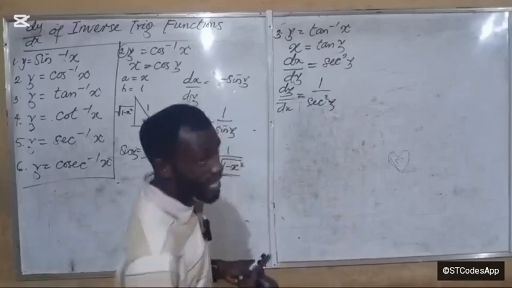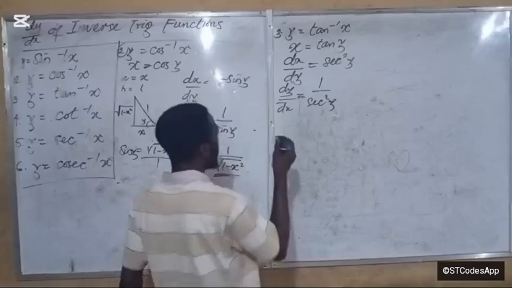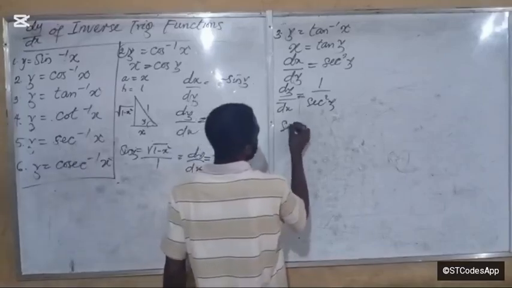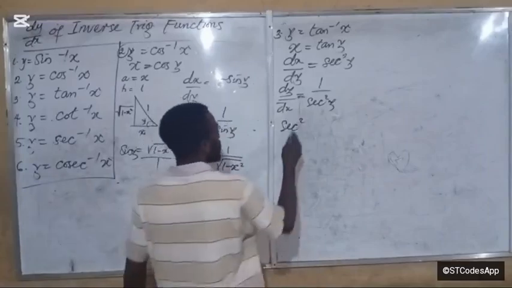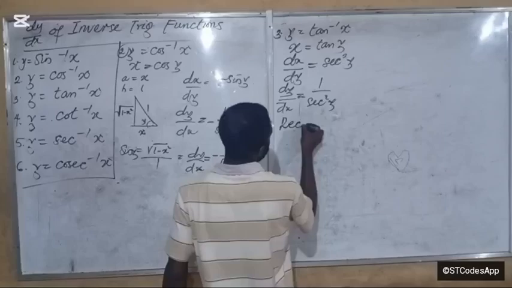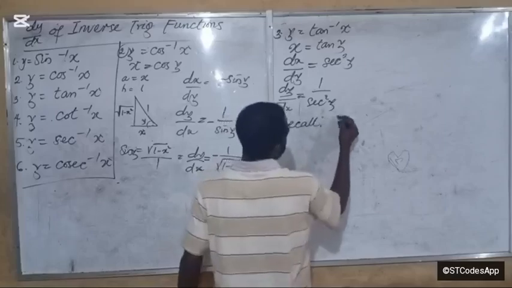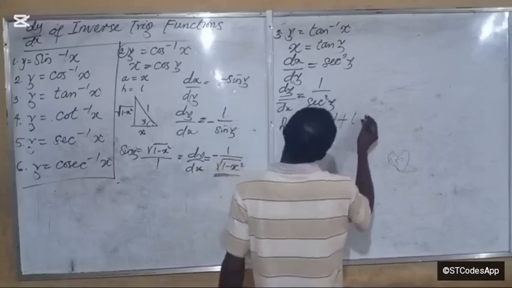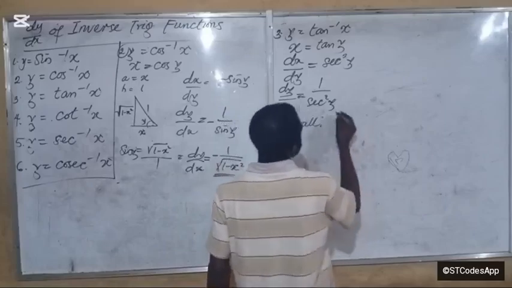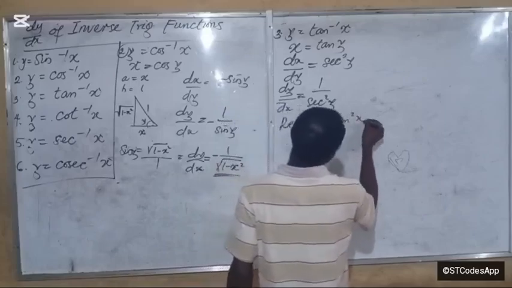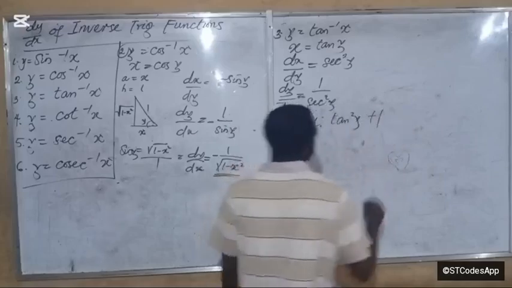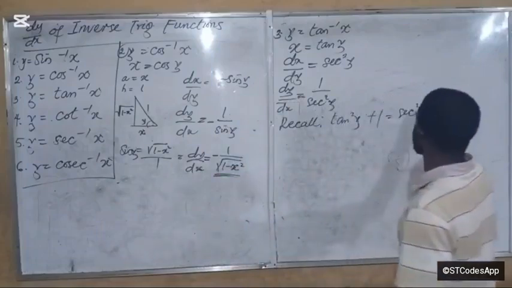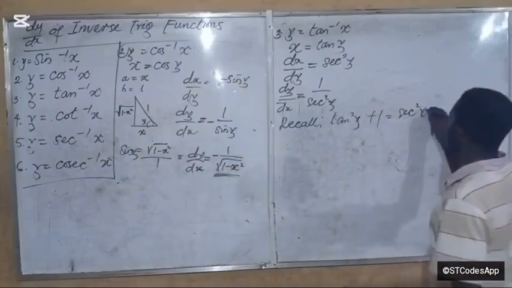Okay? Now remember that sec squared, now you have to know the trig identity. So I said recall that tan squared y plus 1 is equal to sec squared y.